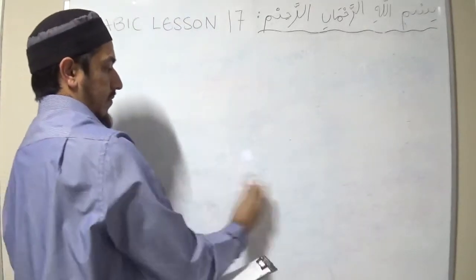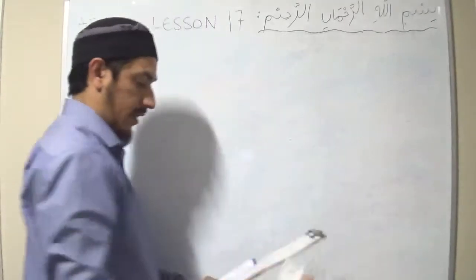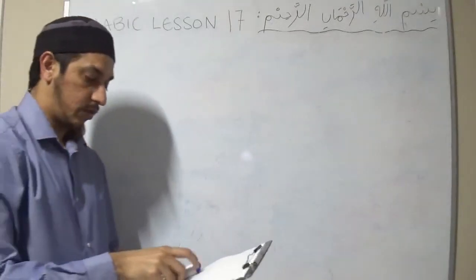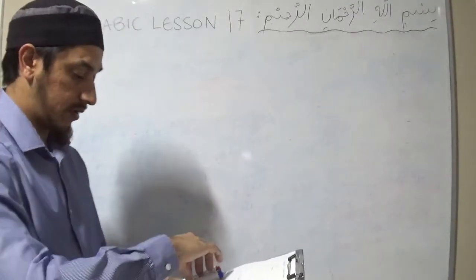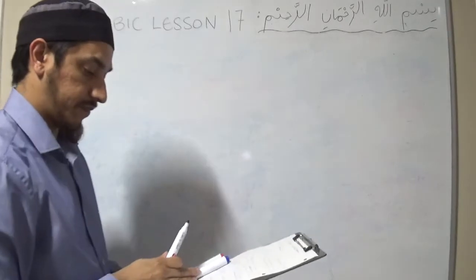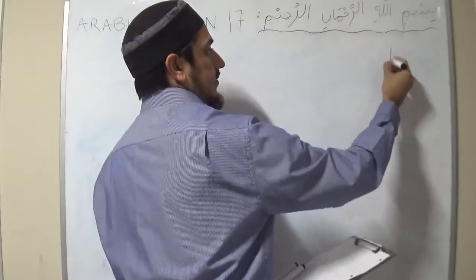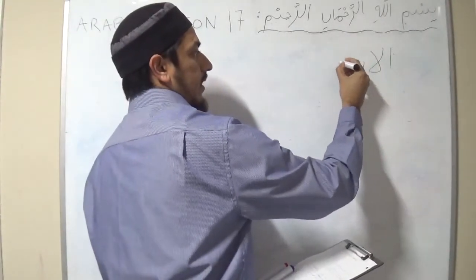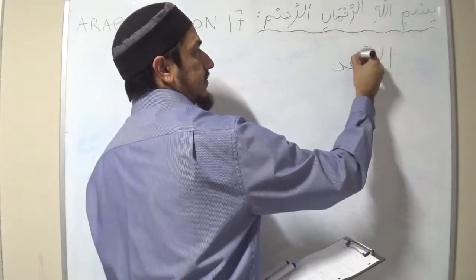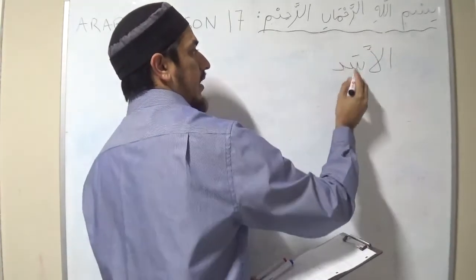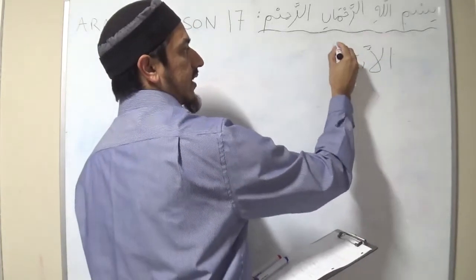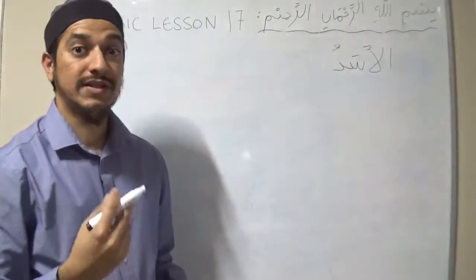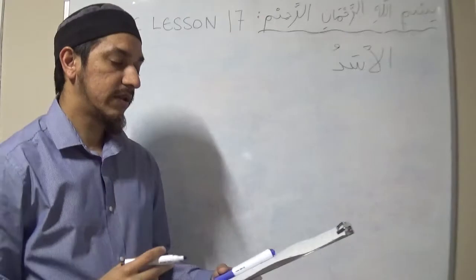So we have Al-Asad, and Asad was a lion. Al-Asad, because it's got alif lam, just saying it's got one dhamma, not two, it's not got the tanween. Al-Asad, and we're going to describe it now.